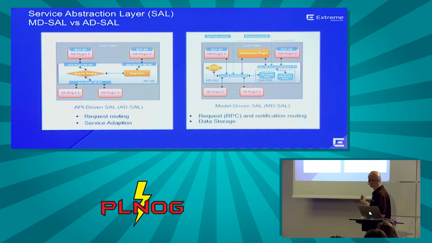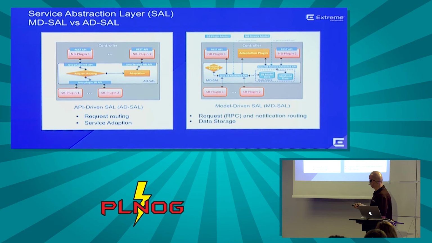And then you do have your request routing, and you have an adaptation layer here, a plugin. So anything from a northbound to a southbound would actually go through a data store. That would then, with RPC calls, request routing to actually connect these ones together. And then you have some other components included in this picture as well.